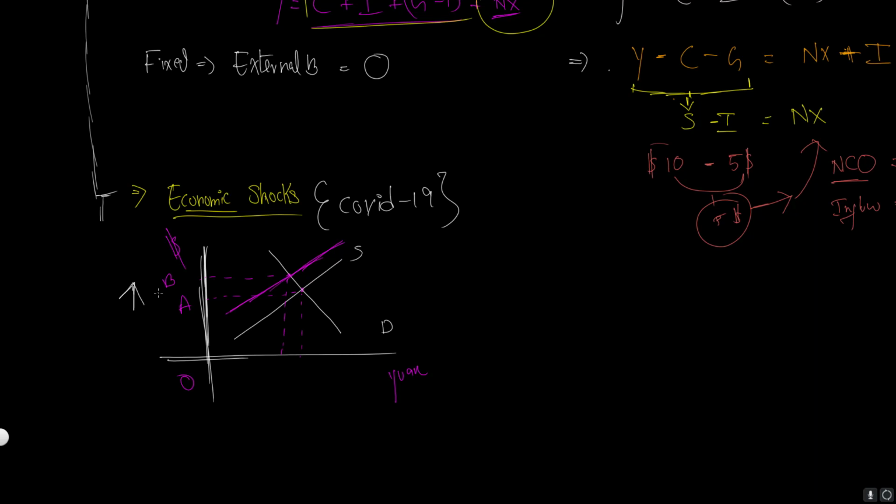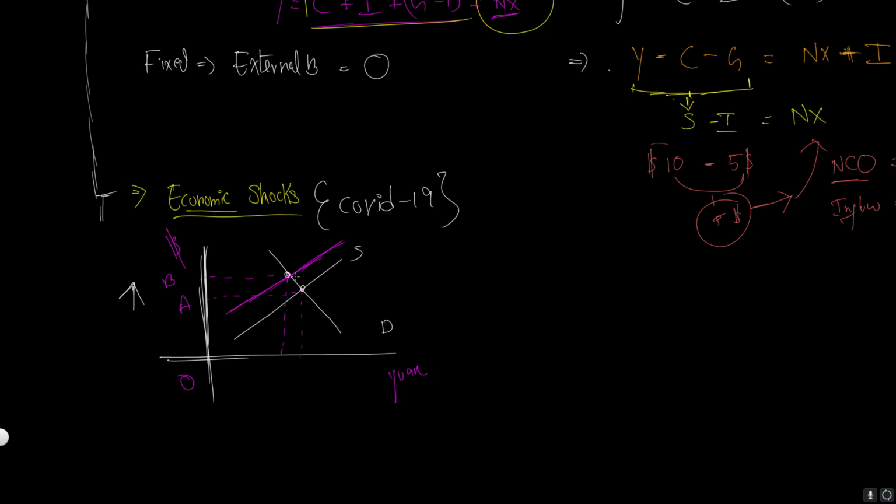Now, it doesn't really matter whether the currency is appreciating or depreciating. That's beside the point. The point is, whenever we have an economic shock in a flexible exchange rate, the market can re-equilibrate itself and come back to an equilibrium position that can work for the exchange rate.